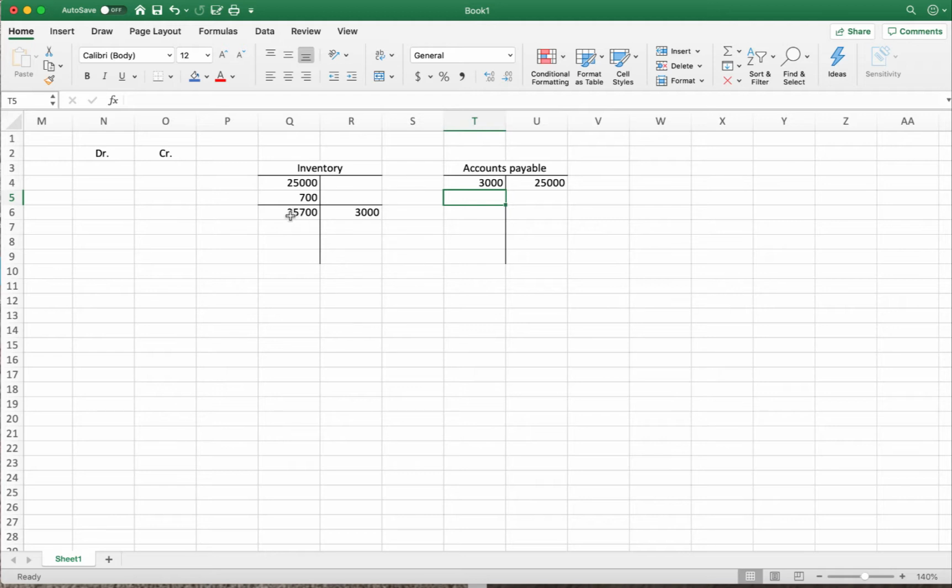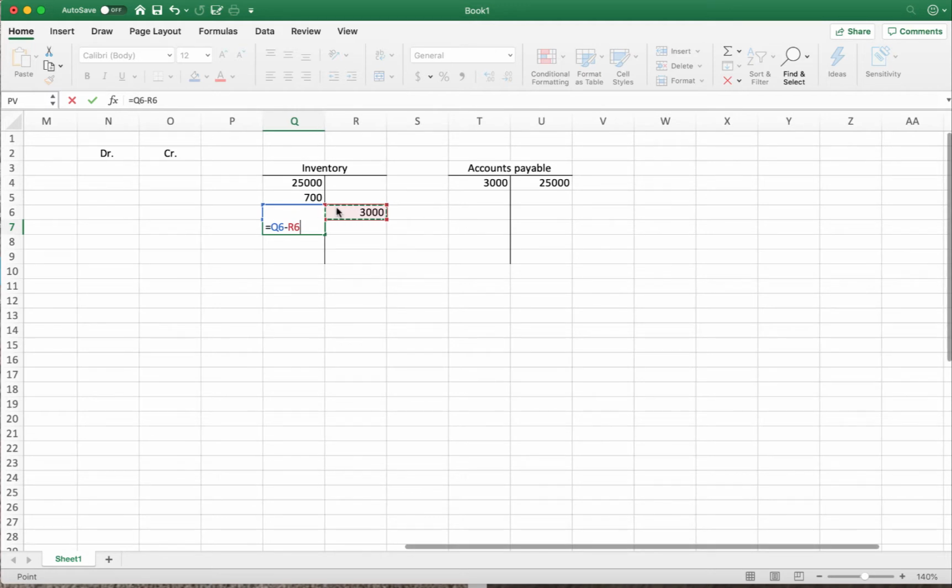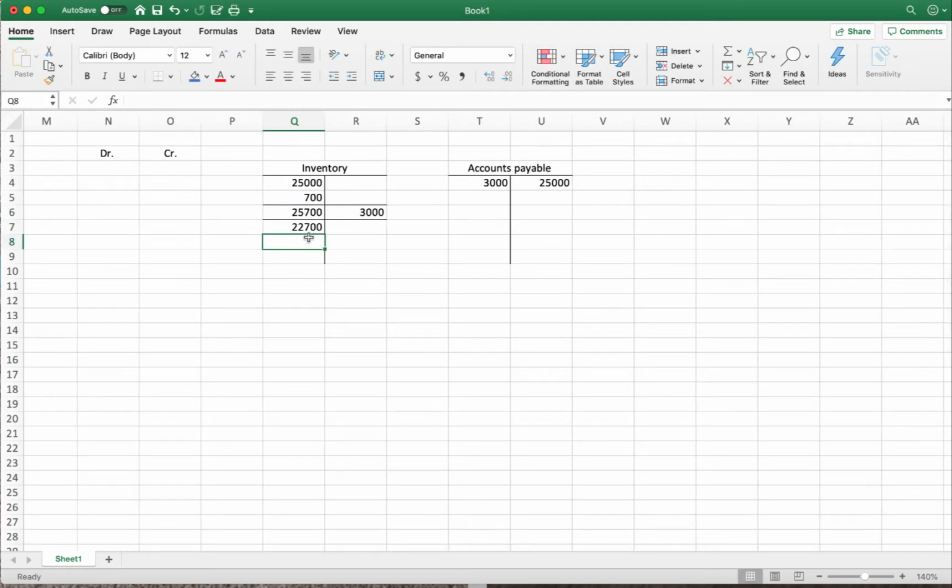After I send this back, what is the balance of my inventory? Well, I have $25,700 of a debit. I credit that for $3,000, so I need to subtract that $3,000. I have $22,700 worth of inventory.